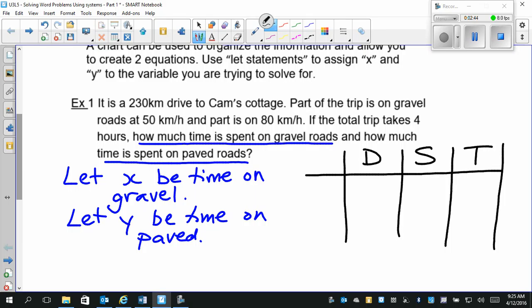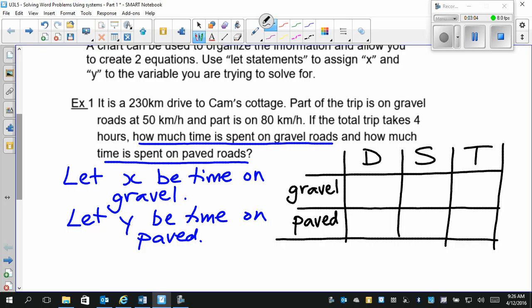And along the side, it's going to be the two different situations. So in this question, two different situations are part of the trip is on gravel and part of the trip is on paved. And then at the bottom here, we'll have the total.